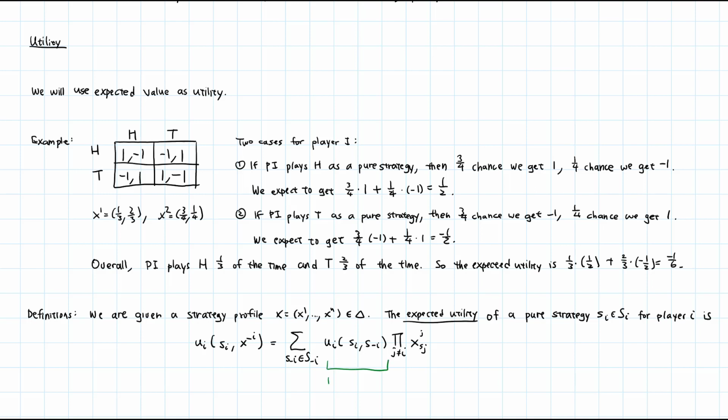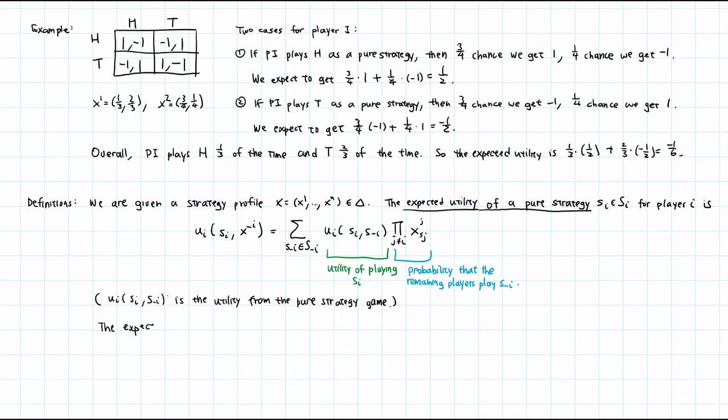The first part is the utility of playing s_i as a pure strategy. The second part is the probability that the remaining players do play this strategy profile s_{-i}. Note that u_i(s_i, s_{-i}) is the utility from the pure strategy game. So this is the expected utility of playing a particular pure strategy s_i.